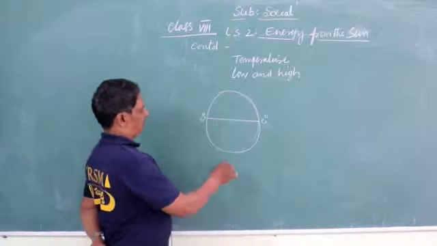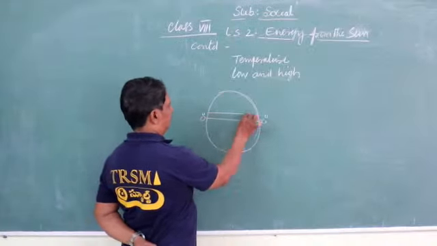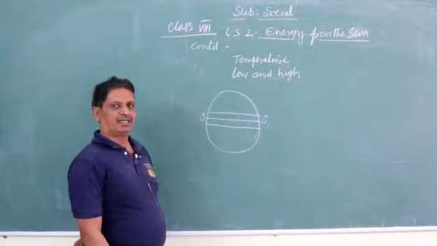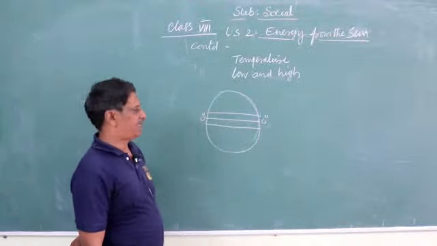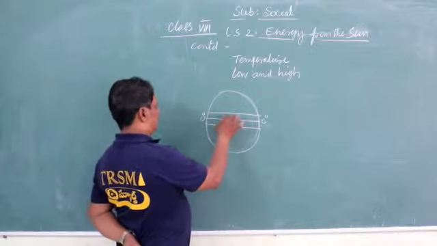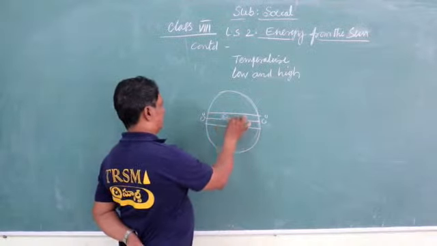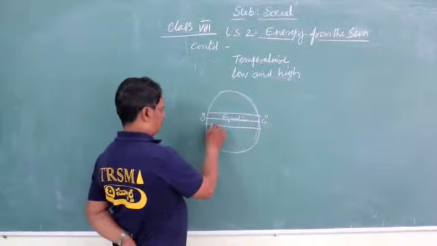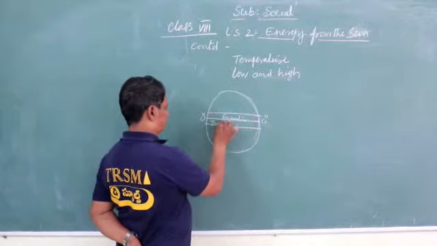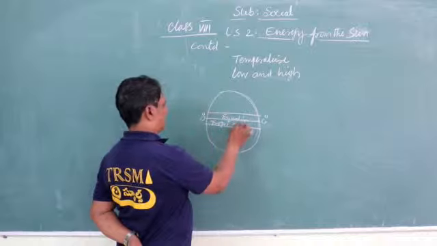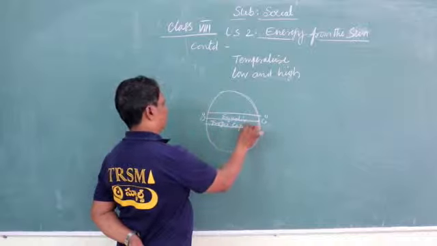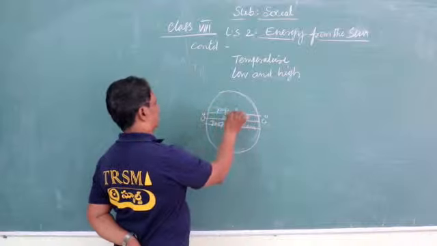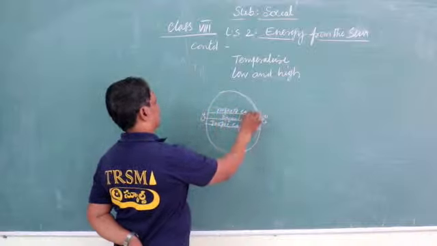This is the equatorial region, the tropical region. Why is it tropical? This is the equator. These are the tropics: Tropic of Capricorn, Tropic of Cancer.